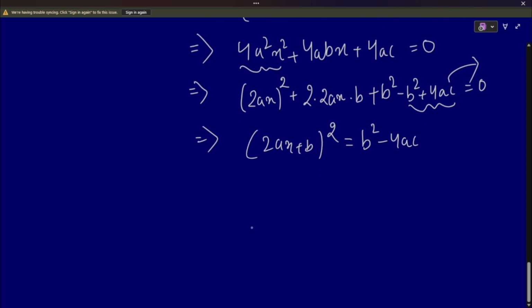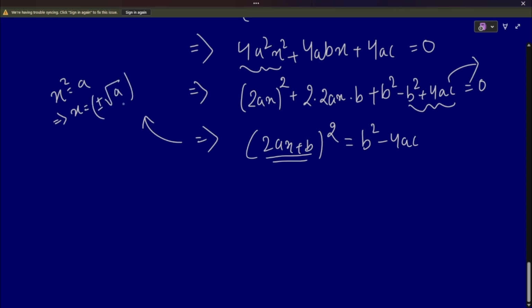Now, if you have this form where the square of a number is equal to another number, then obviously the number inside can have two values, right? Because it's a square. So what I'm saying is the normal equation x squared equals a has two values, and the values are plus minus root a.